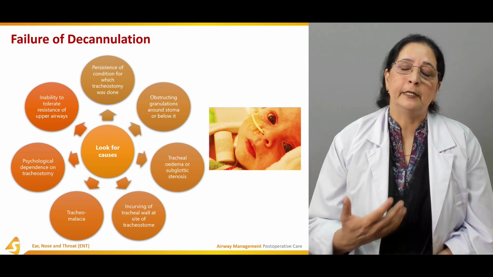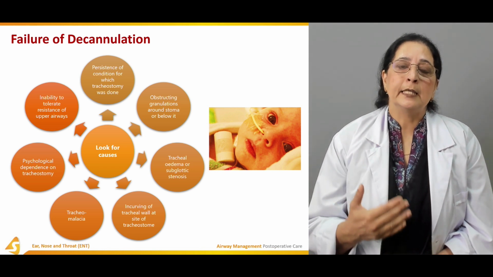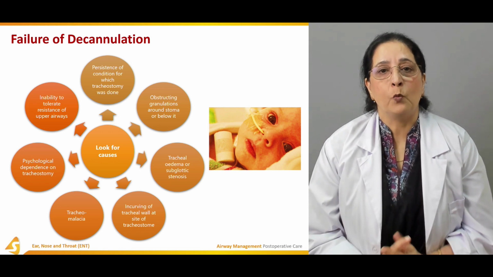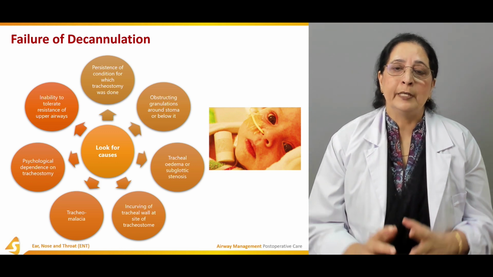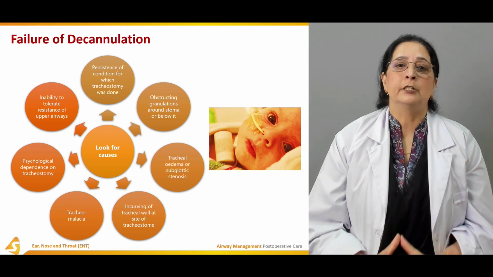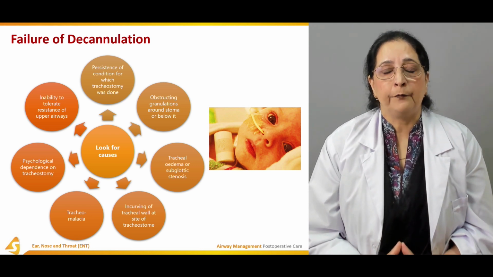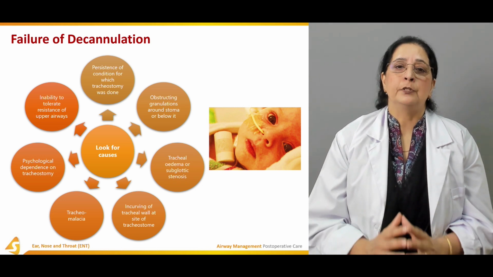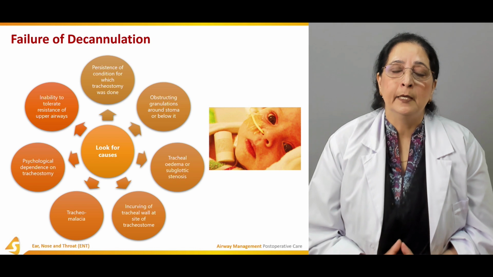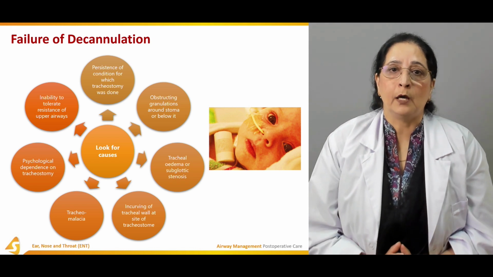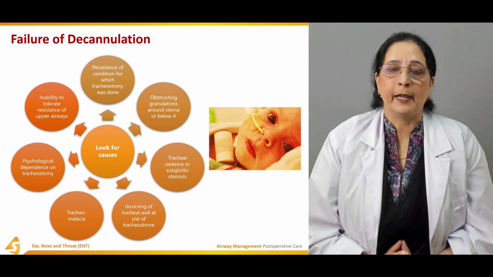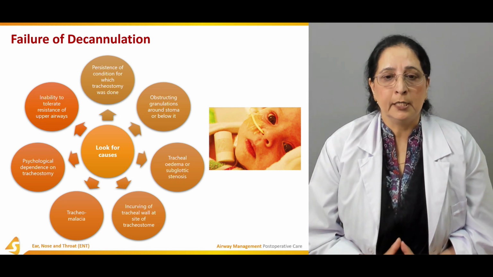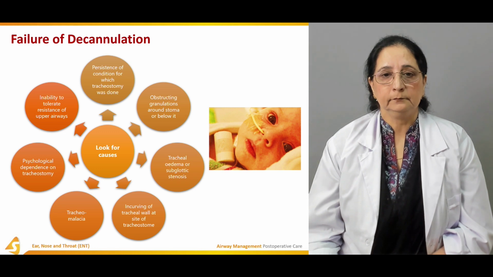So all these are different causes of failure of decannulation once it is performed. In children and infants, we should perform it in the operation theater. In adults, we should observe the person closely for at least 24 hours.